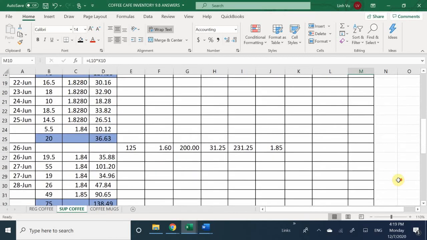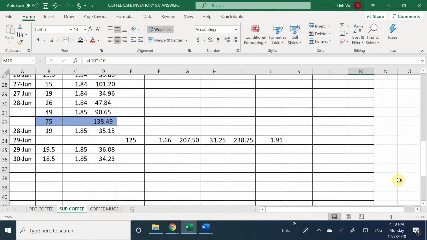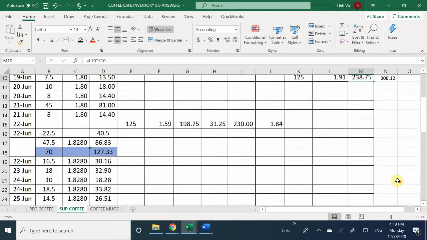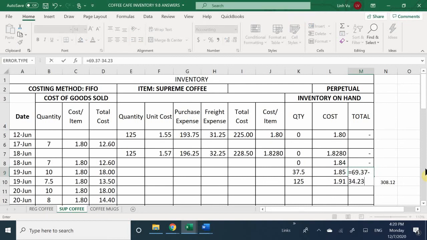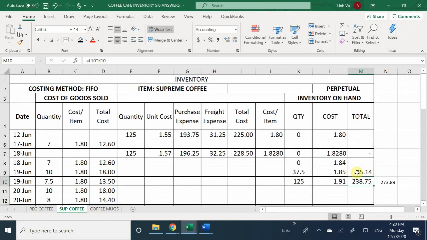We subtracted 34.23. So 69.37 minus 34.23. Oh, how did I get 15? It should be 35.14, bringing you to 273.89. Huh. Okay. So I must have put a typo in here somewhere.